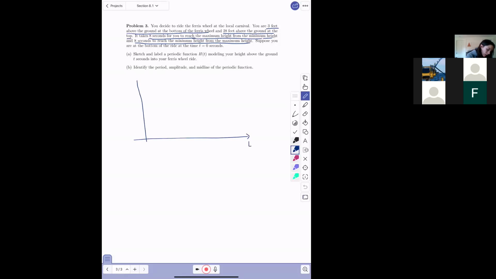and we have t in seconds on the x-axis, and the y-axis is h of t in feet. Okay, and really the only 2 points that are valuable on the y-axis for us are 3 feet, so we'll say it's like here, 3 feet and 28 feet. I'm not going to draw the other points in because that's going to just clutter it.